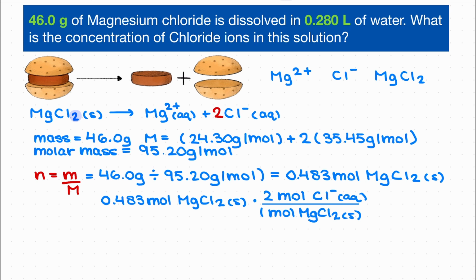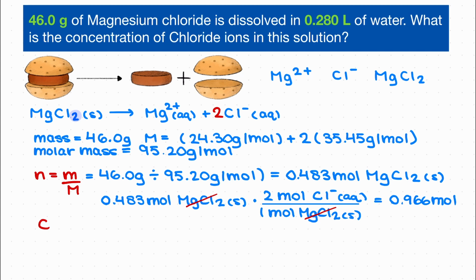So we can cancel out our MgCl2, and we're left with our moles of chlorine negative, which is 0.966 moles.